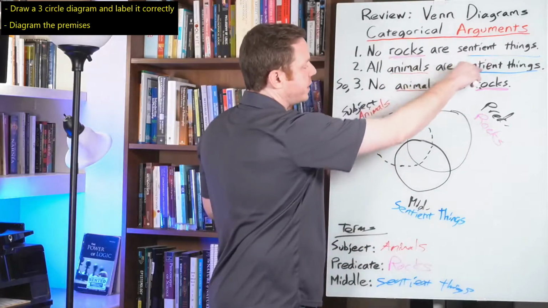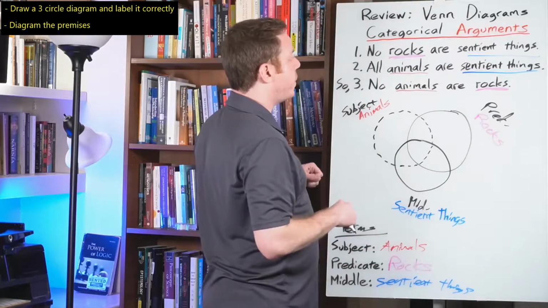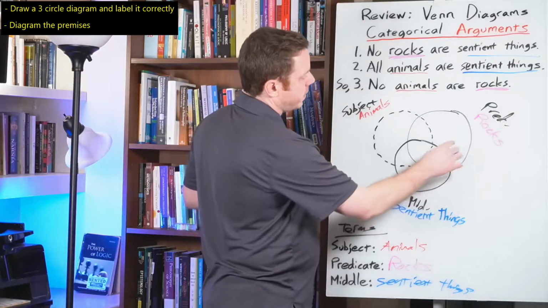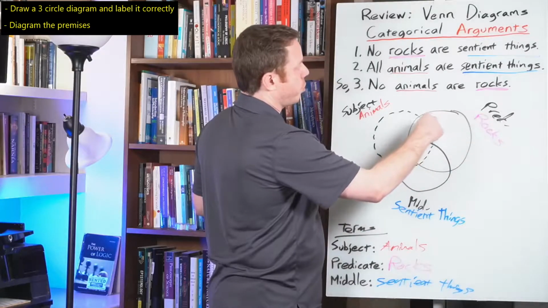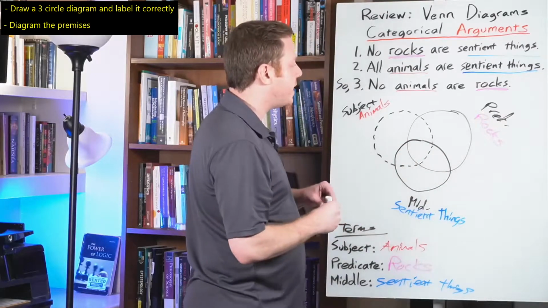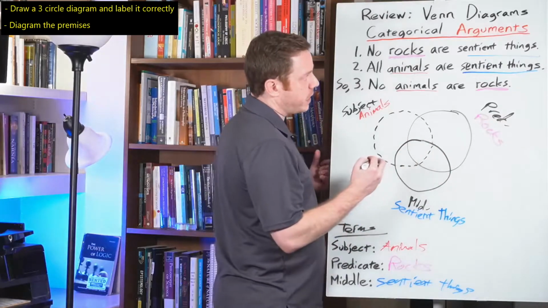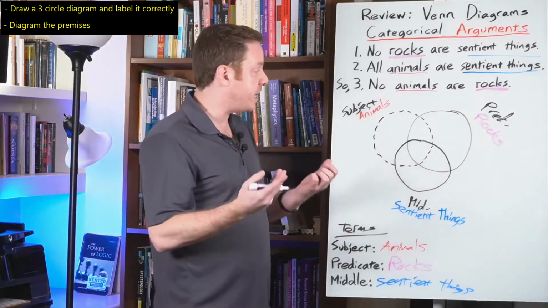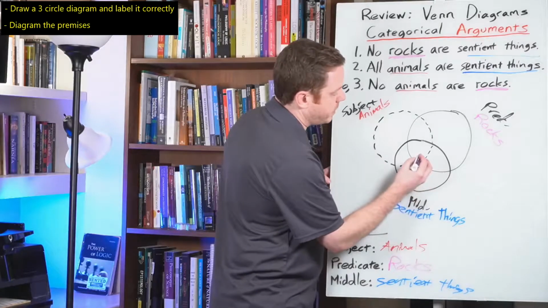So, no rocks are sentient things. That's saying there's nothing that is inside the rock circle that's also inside the sentient things circle. That's empty. And to indicate empty, we're going to shade in the areas that are supposed to be empty.